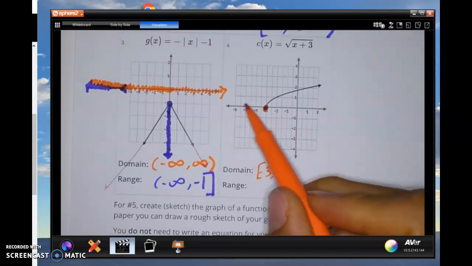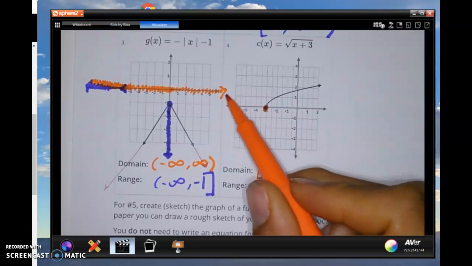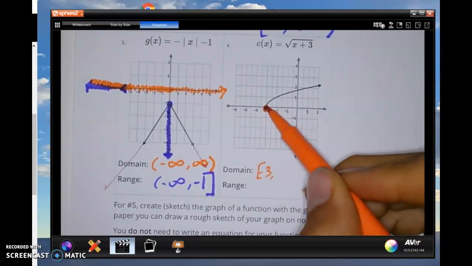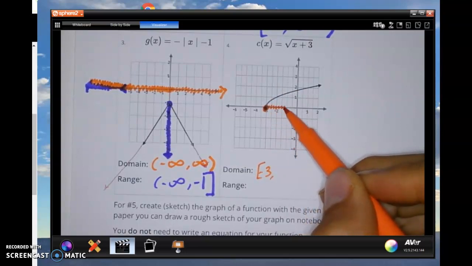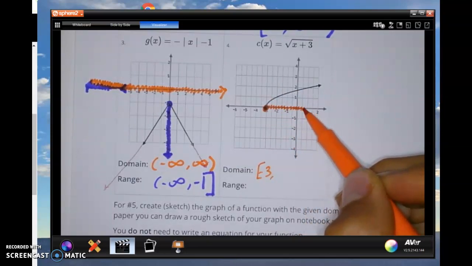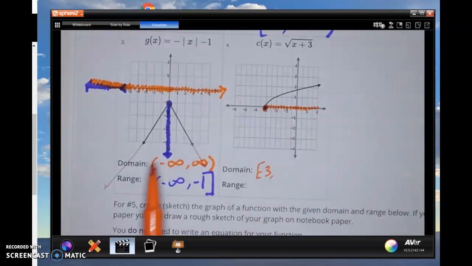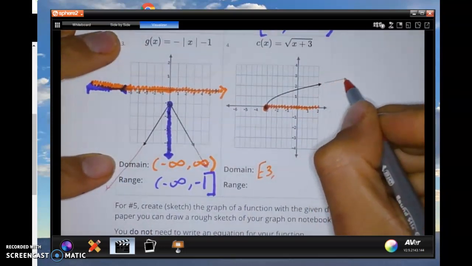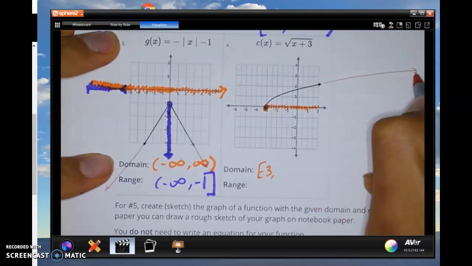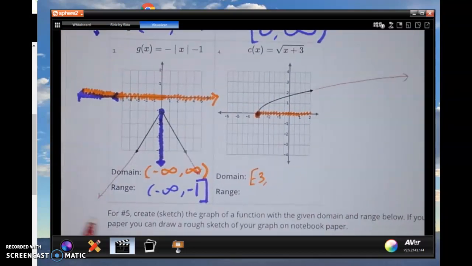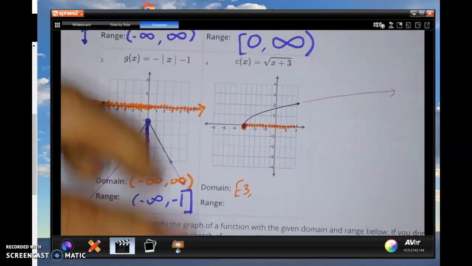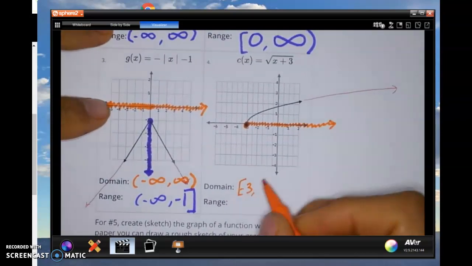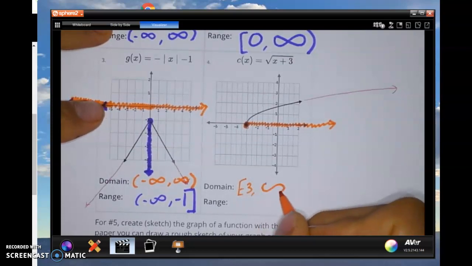We see that there is no graph in this portion. So we're starting at -3. And we continue and continue. Because we have this arrow, it continues this way also. So I know my graph will continue on all the way to positive infinity.